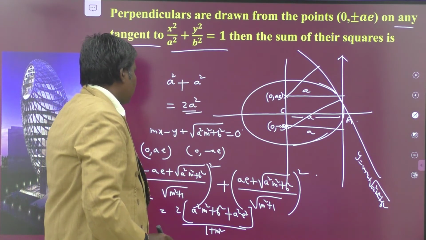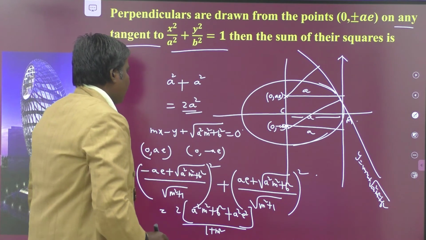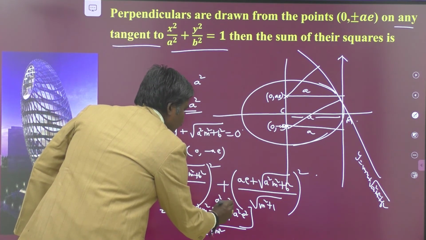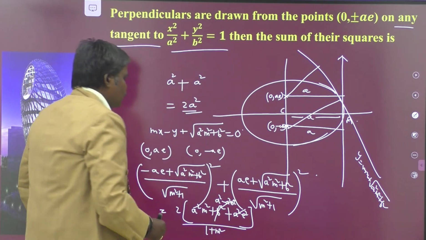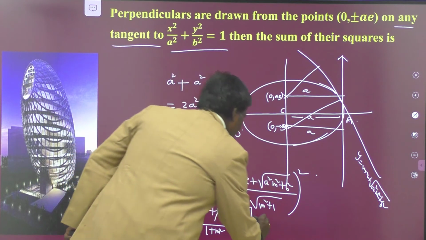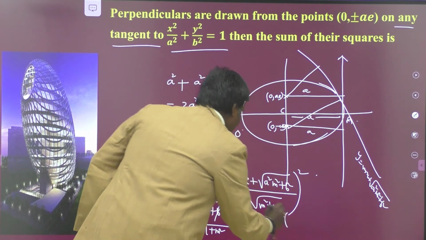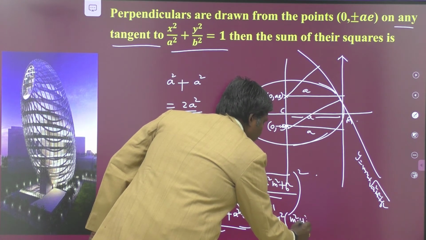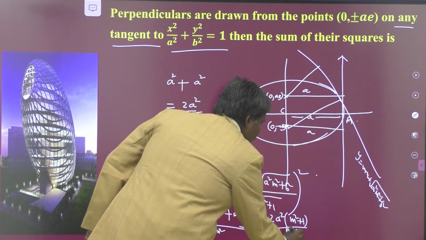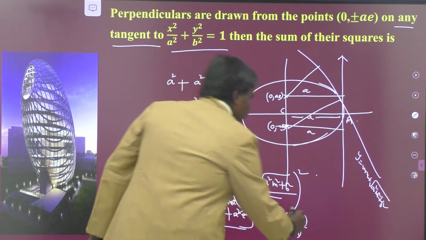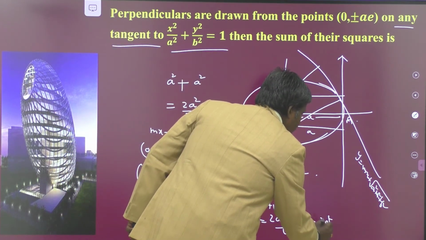Am I correct or not? So instead of b square you can write a square minus a square e square, that is, instead of b square, a square into 1 minus e square. A square, a square gets cancelled. That equals 2 times of a square into m square plus 1 by m square plus 1. M square plus 1, m square plus 1 gets cancelled, my dears. So we obtain 2a square as your answer.